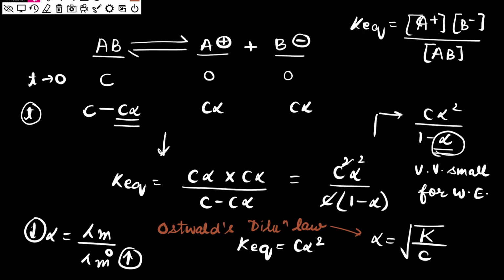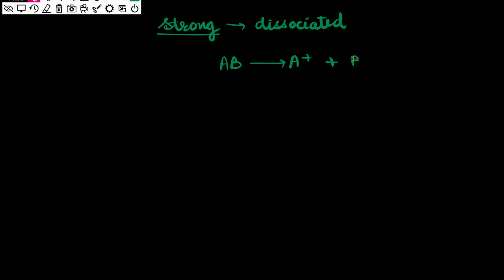Now if we talk about the concept of strong electrolytes, let us see what it is. See, strong electrolytes are dissociated completely. Dissociated completely means this AB will turn into A plus and B minus completely.